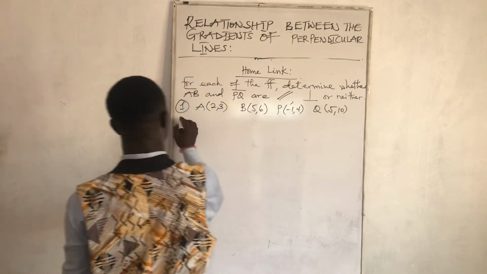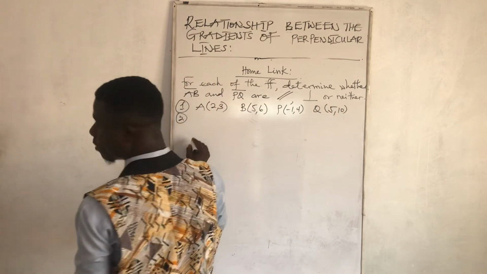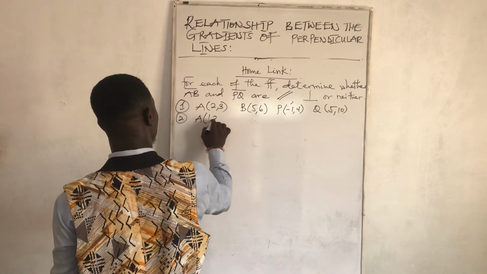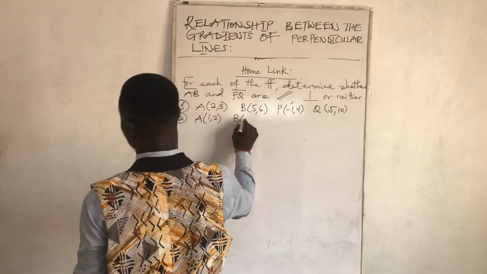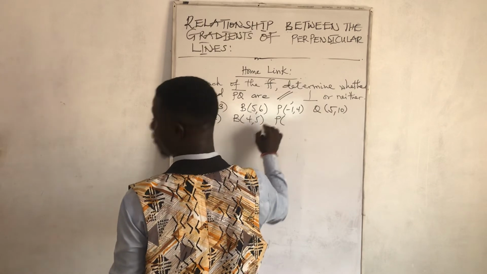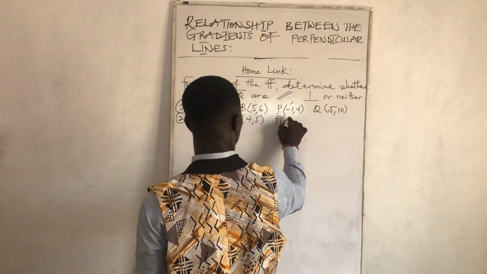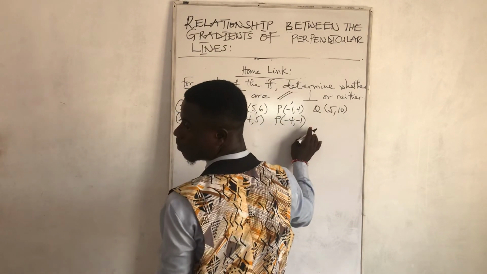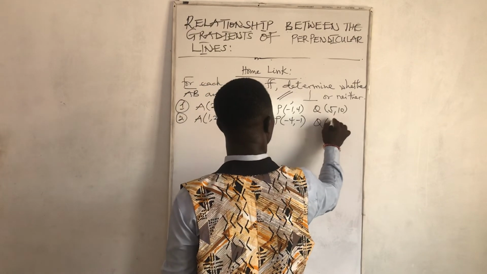Then 2: point A (1, 2), point B (4, 5), point P (4, 1), point Q (10, 5).